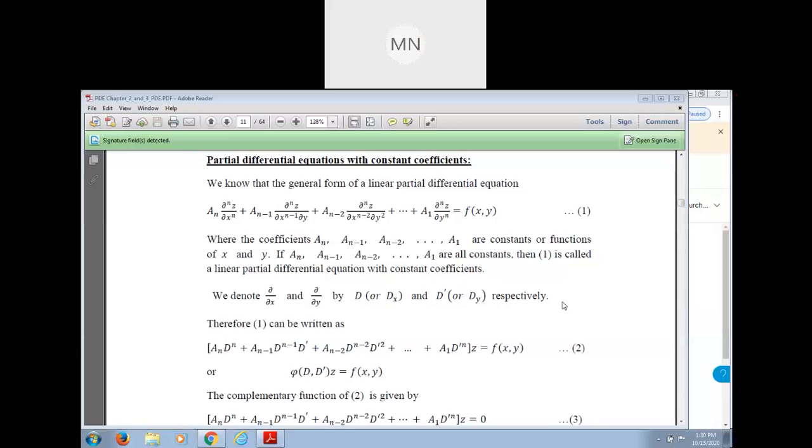What type of equation is considered as the PDE of second order? Ma'am, first order, second order, first. No, not first order. I am talking about the second order PDE.